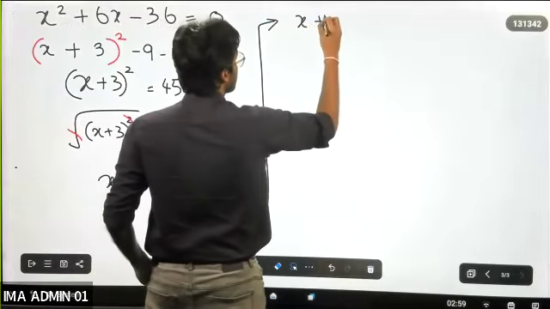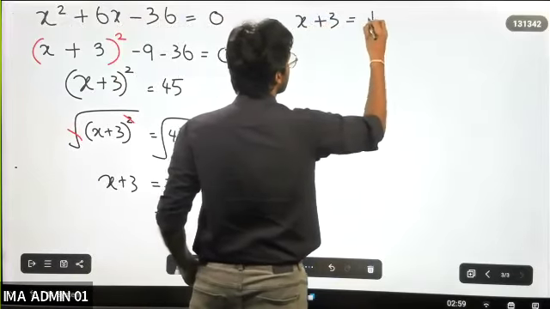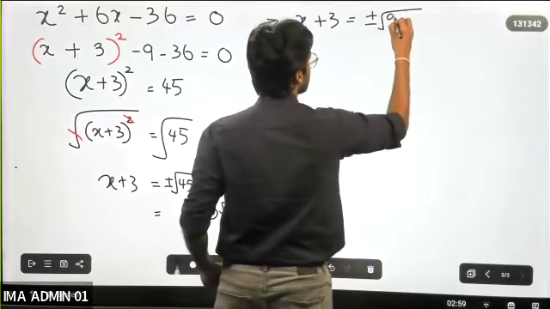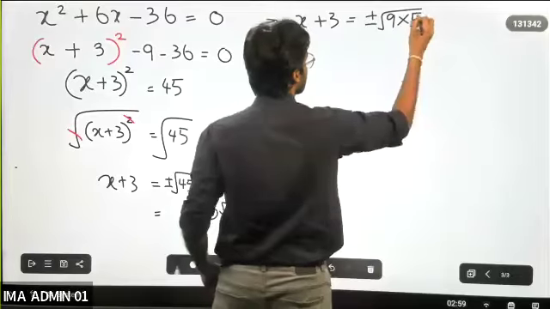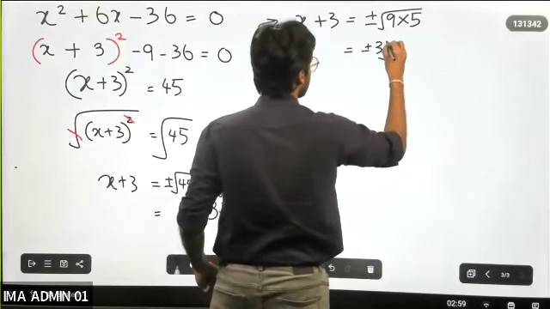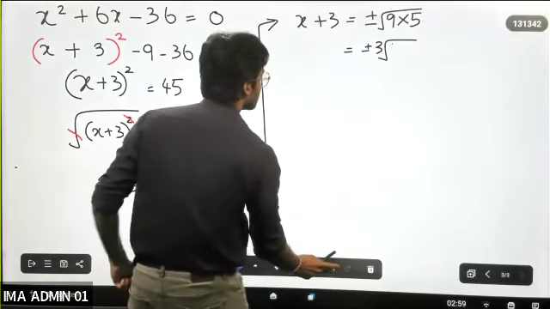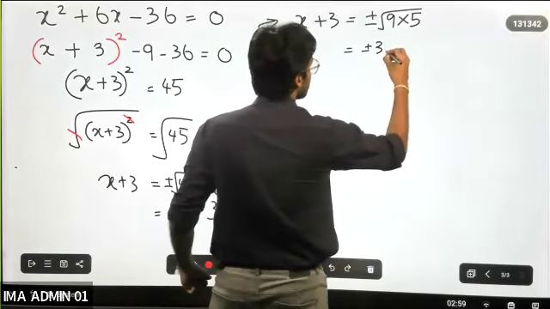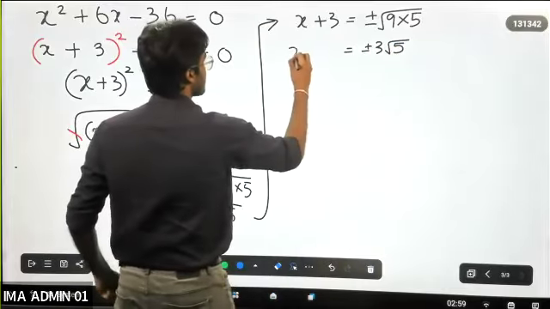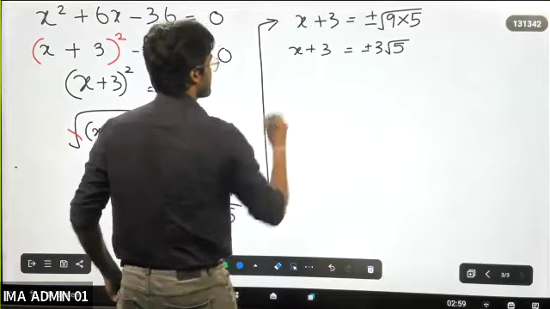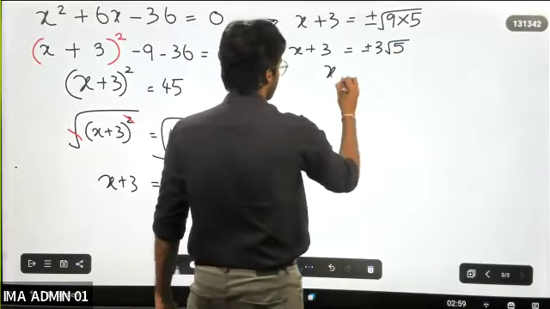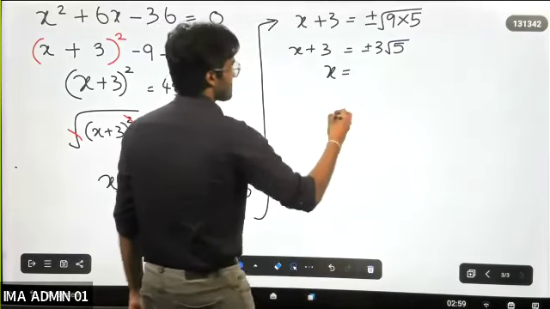x plus 3 equals plus or minus, I write this as 9 multiplied by 5. So I get out this 3, sorry, it gives a different interpretation. 3 square root 5, and x plus 3 remains the same on the left side. This is the answer. And I could get this 3 to the other side.